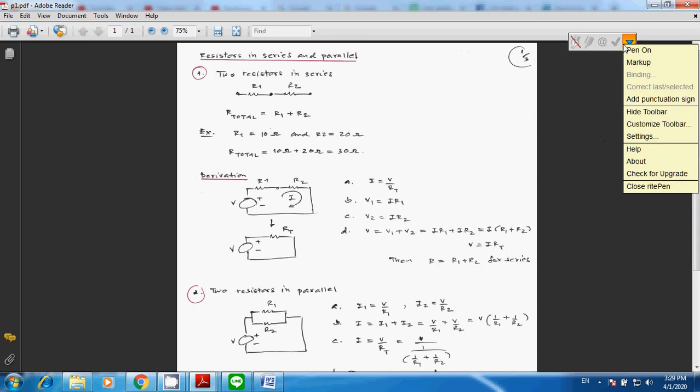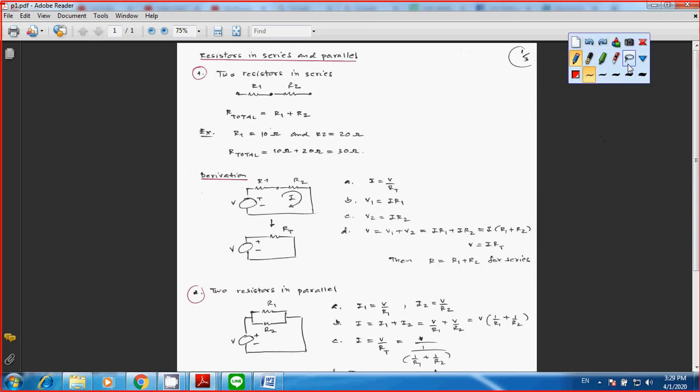When you connect two resistors in series, as in the picture here, your net resistance or your total resistance is going to be just R1 plus R2. So that means you're going to have a larger resistance of the system.